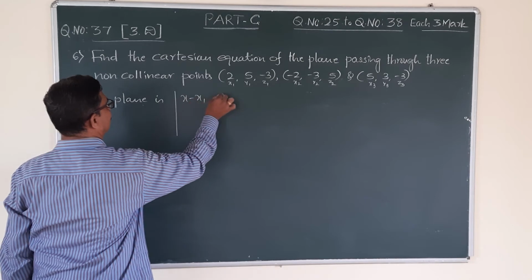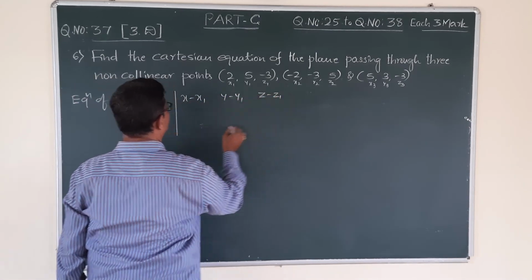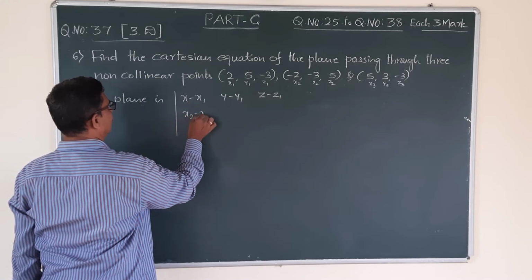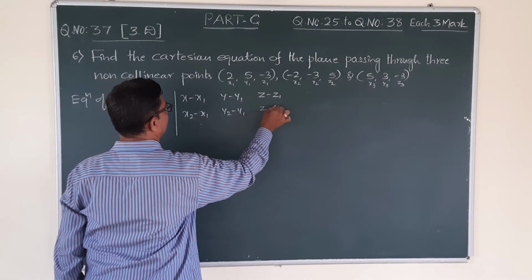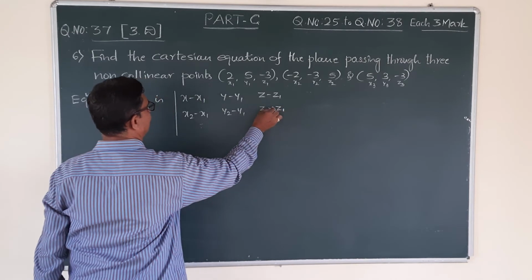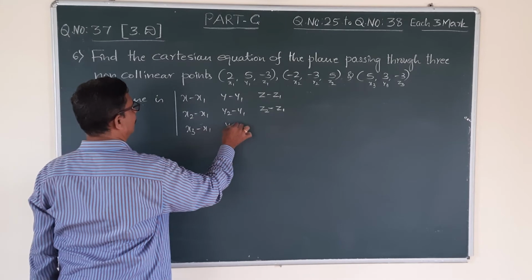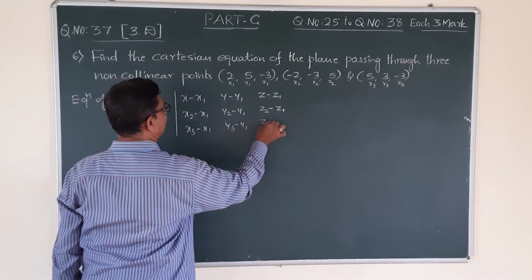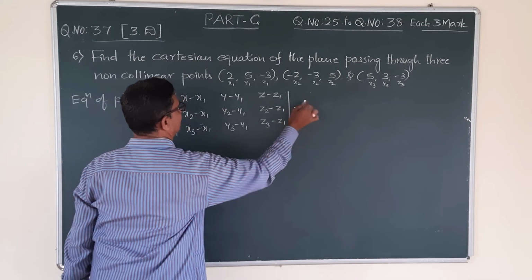The determinant with rows x − x1, y − y1, z − z1; x2 − x1, y2 − y1, z2 − z1; then x3 − x1, y3 − y1, z3 − z1 is equal to 0.